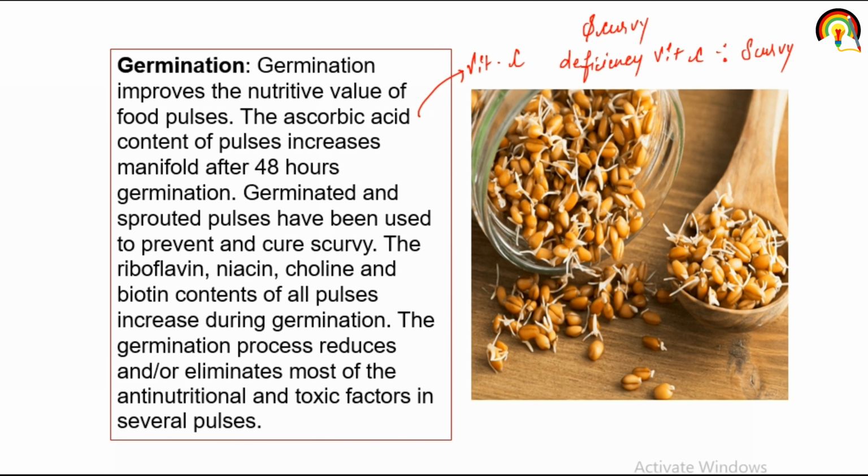After soaking for 24 to 48 hours, sprouted pulses are formed, and sprouted pulses have vitamin C content that is used to prevent and cure scurvy, and the germination process reduces or eliminates most anti-nutritional and toxic factors in several pulses. So this is the advantage behind the germination process.